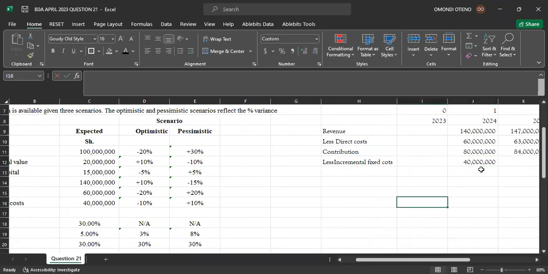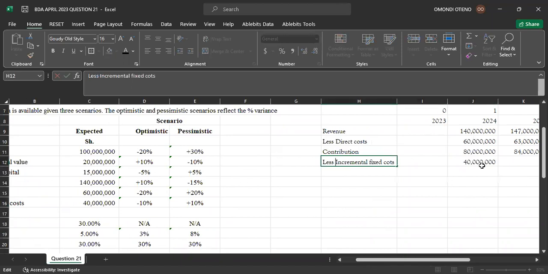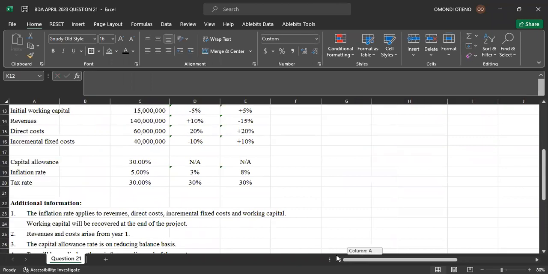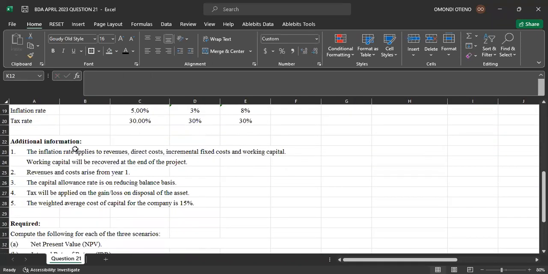That's what we are given. Then what is happening with the value of the subsequent years? It is also going to be affected by the same inflation rate of 5%.